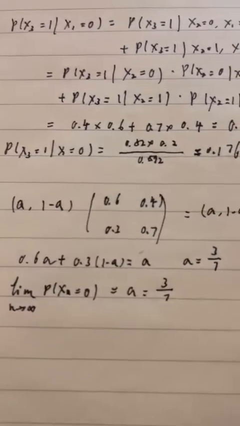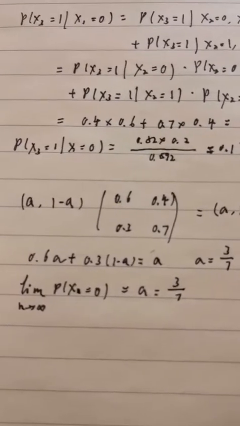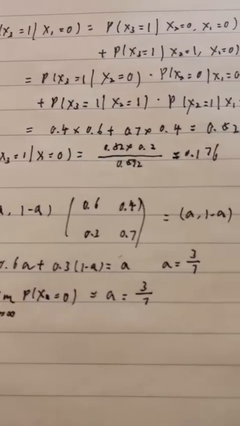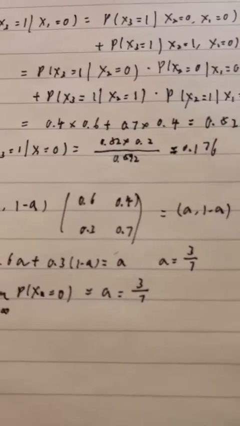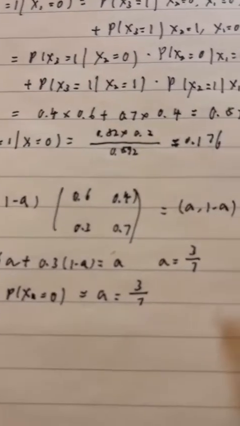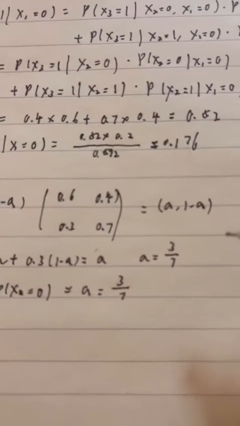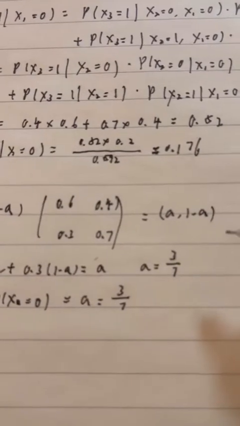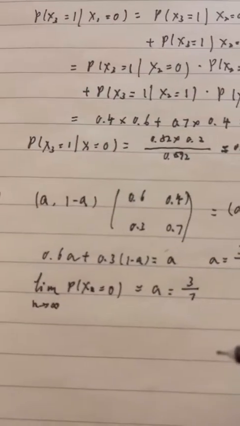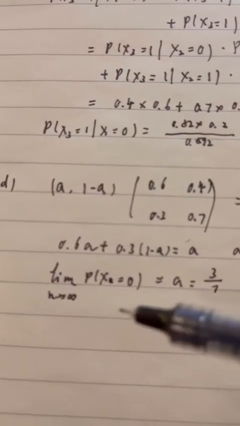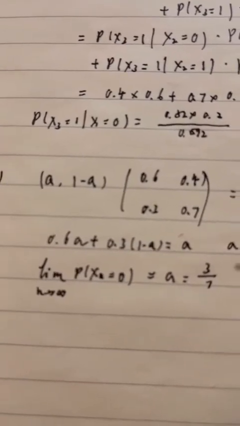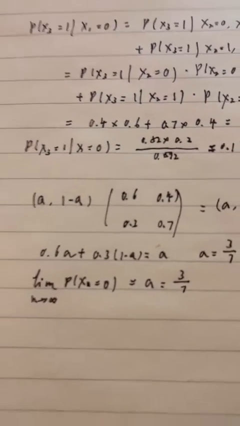But after the noisy channel, multiplied by the transition matrix, it still equals a and 1 minus a. So we can simply derive an equation from it, and we get a equals 3 divided by 7. So that's the result we want. It equals the limit of P(xn = 0) when n goes to infinity. So that's all for question 2.